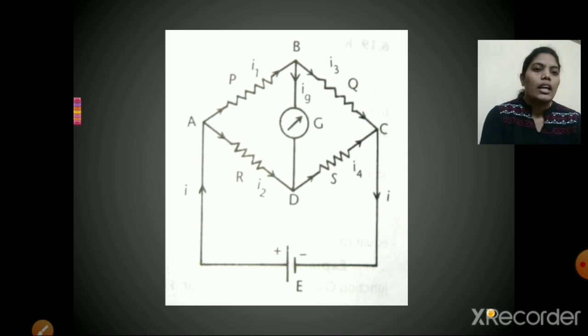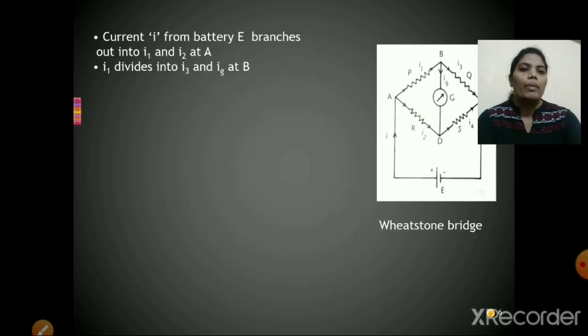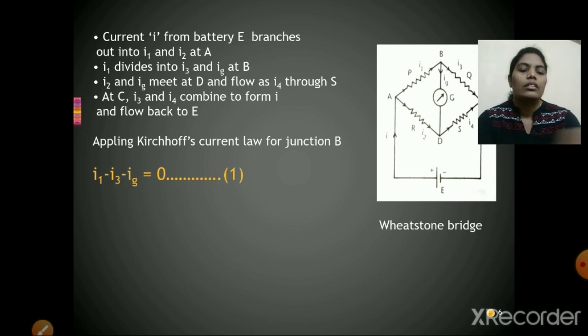Now I3 and I4, passing through the resistors Q and S, meet at junction C and form current I, which moves back towards the EMF. So that is about Wheatstone bridge.